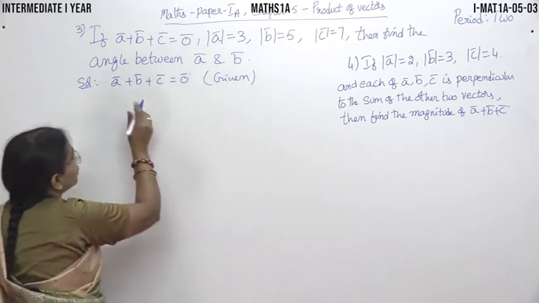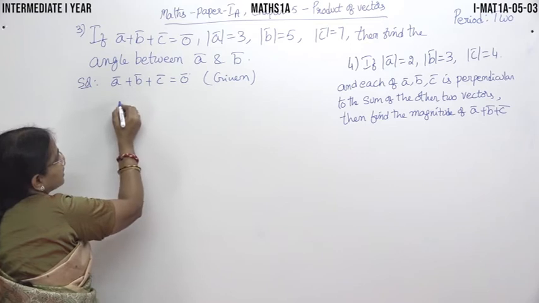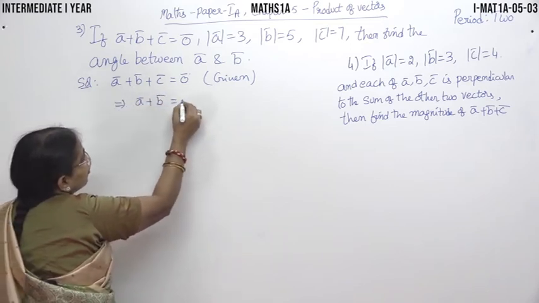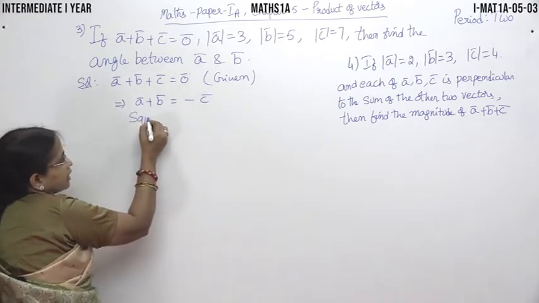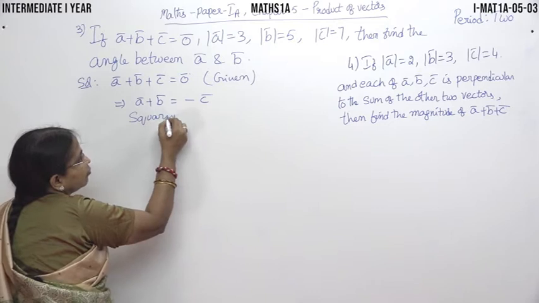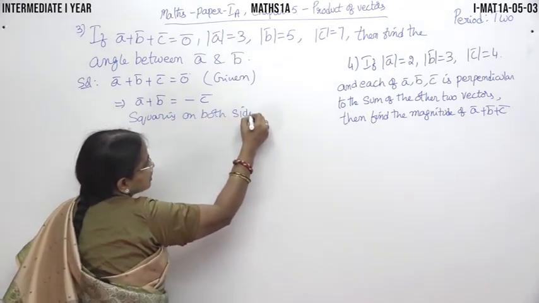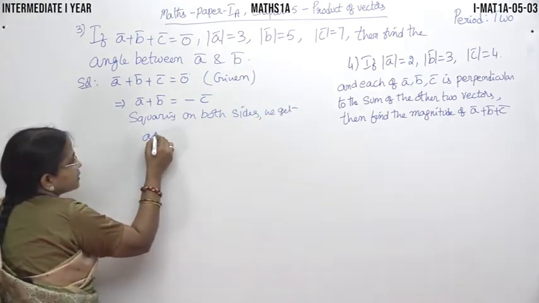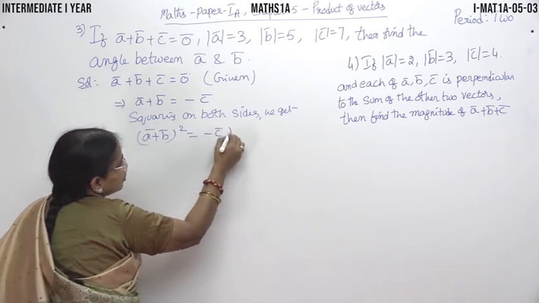So what you do is retain A and B this side, take C to that side. So A plus B is equal to minus C. Now squaring on both sides, we get (A plus B) whole square is equal to (minus C) whole square.